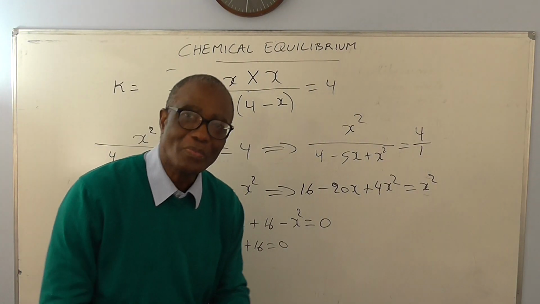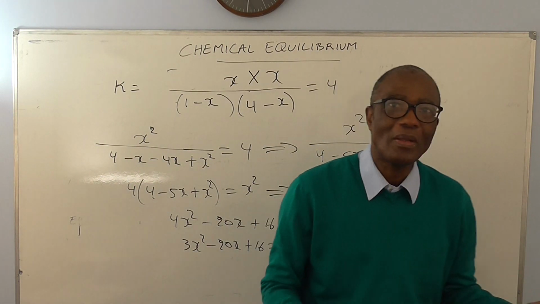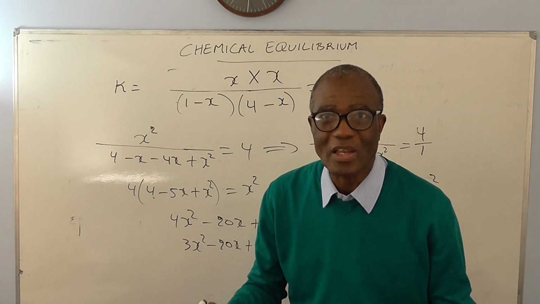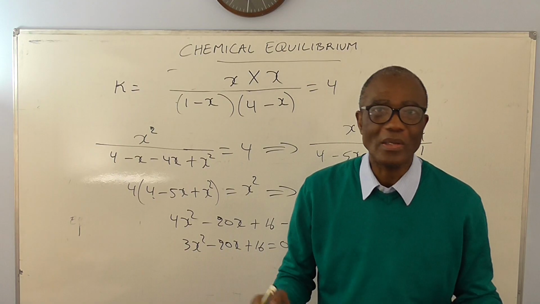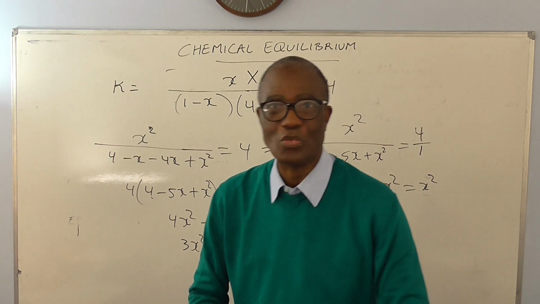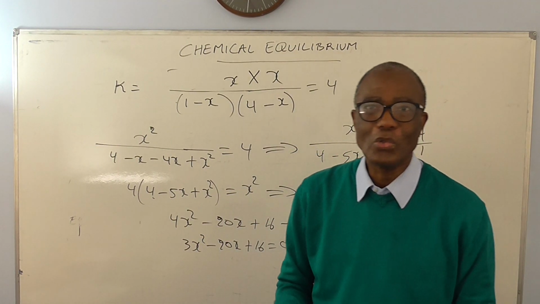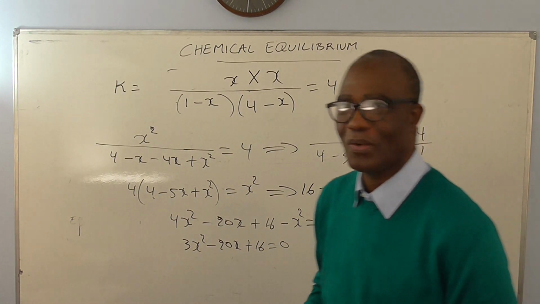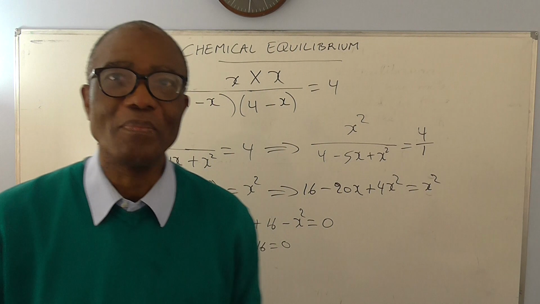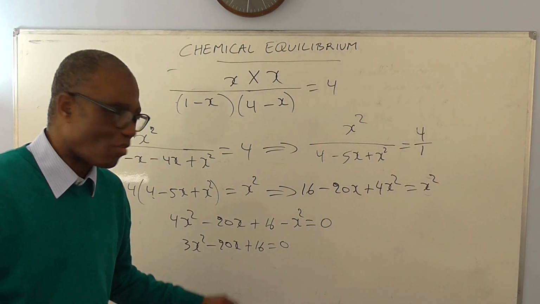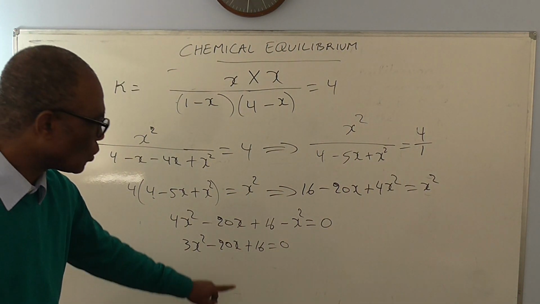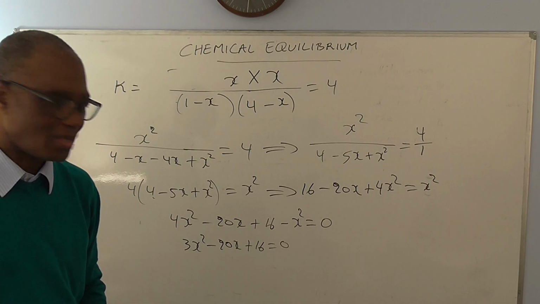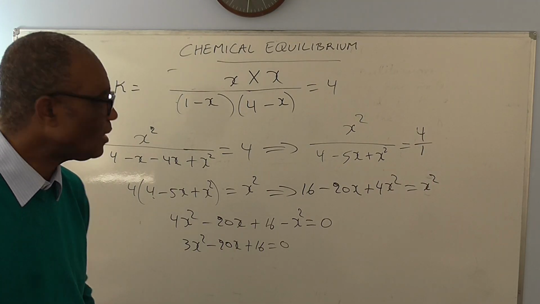Now from here, we are going to use the quadratic formula that we know in mathematics, that we usually call the minus b formula. That is the quadratic formula that we are going to use to solve this.